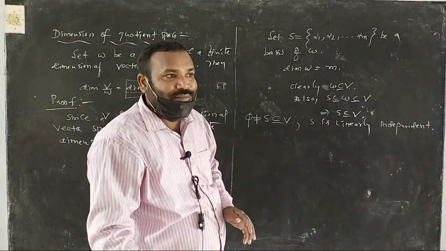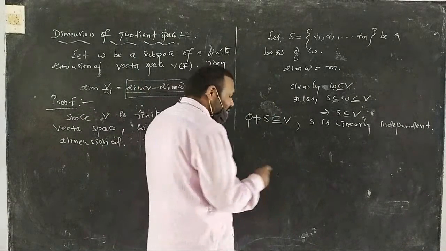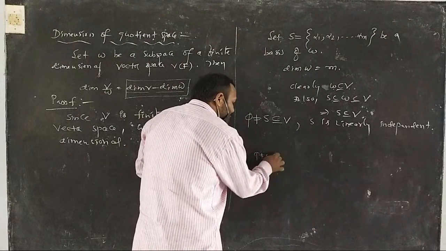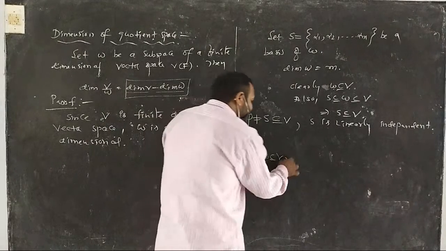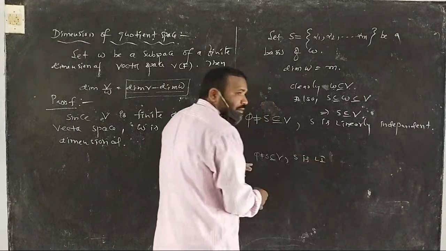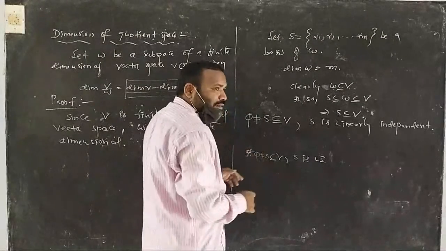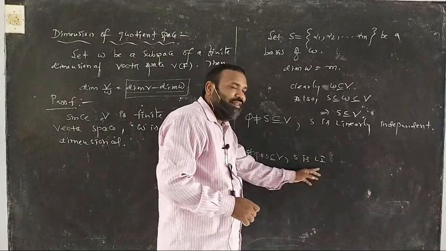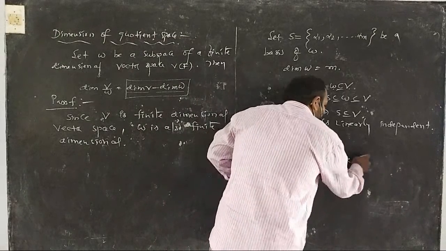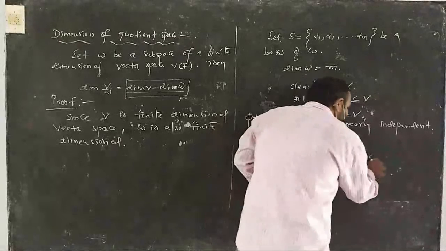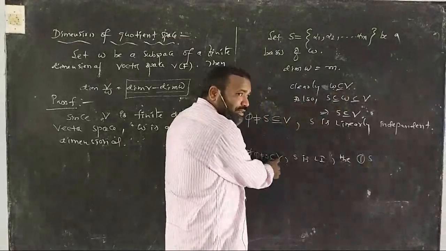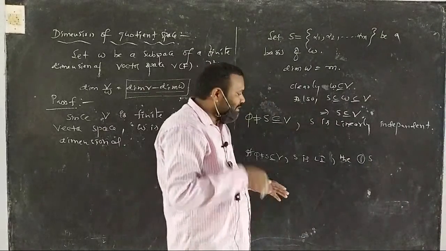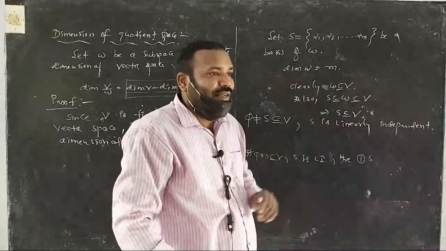In the basis extension theorem: if S is a non-empty subset of V and S is linearly independent, then S is either a basis of V, or S can be extended to form a basis of V. That is the basis extension theorem.